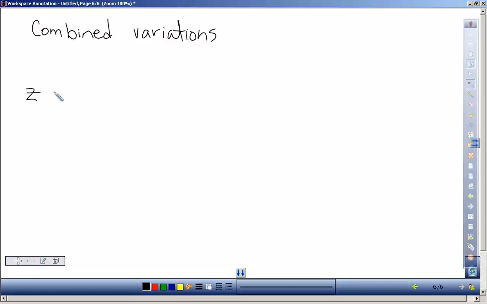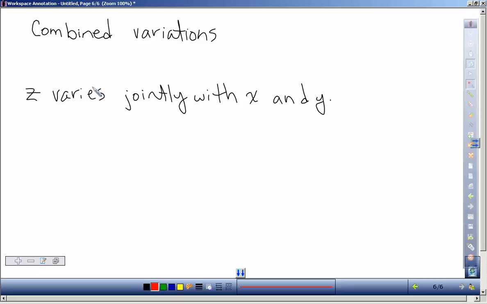So some examples. If we have the word jointly, let's say we have z varies jointly with x and y. Be aware that jointly is always an implied direct relationship. If it is not a direct relationship, then they will have to tell you specifically what other relationship it is.